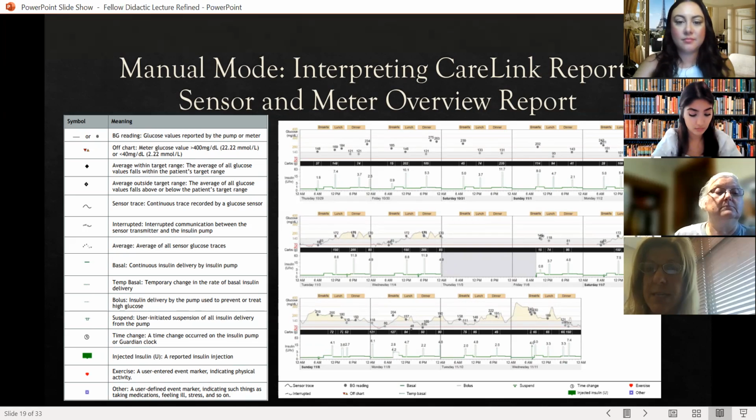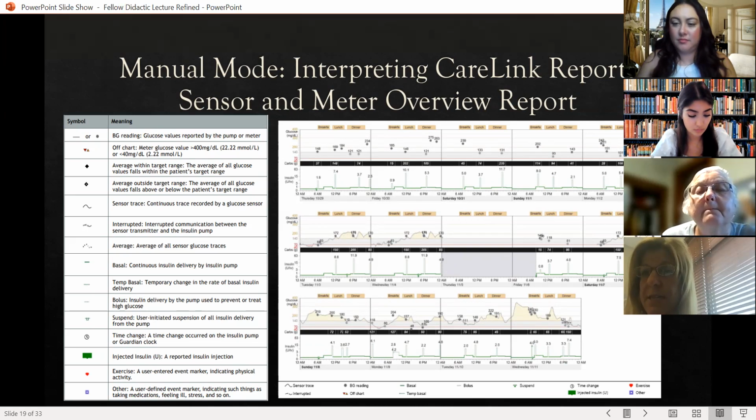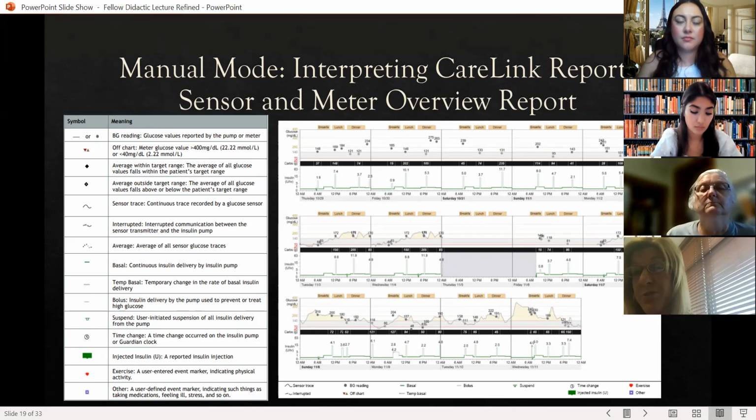So you can see that the basal rate is a continuous delivery by the pump, and it's the green line, and it kind of looks like a stair step sometimes, but that shows you that the basal rate is running the whole time. So in all these reports, you get used to knowing and learning what it means.